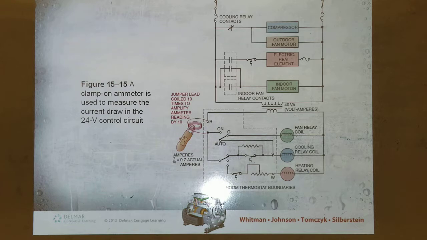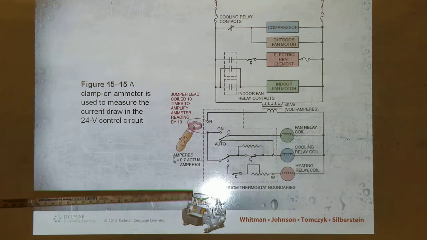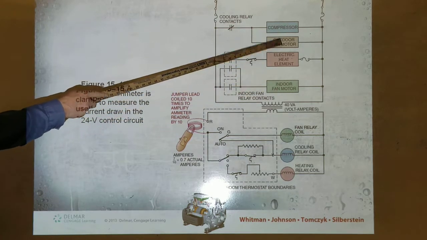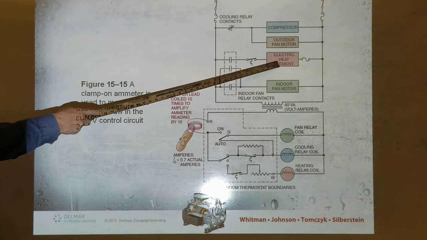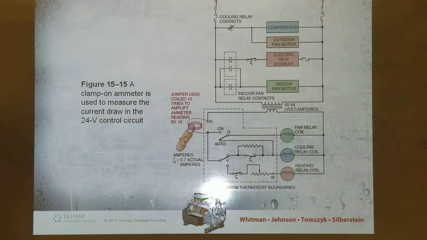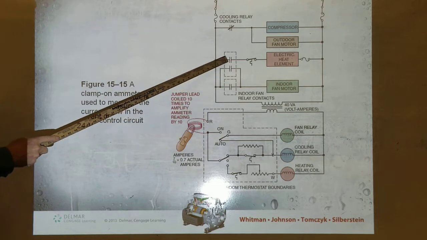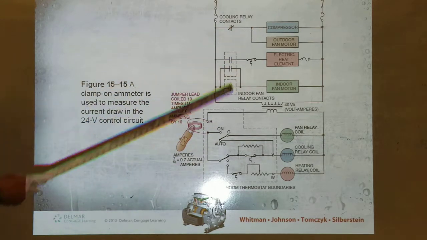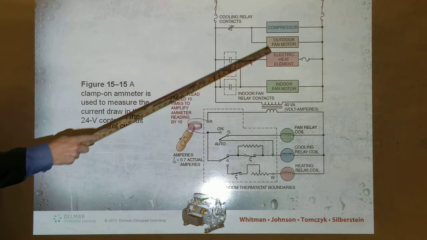Okay, so here's a cartoon of it. You have the high voltage section. You have compressor, outdoor fan motor, electric heater, indoor fan motor, and all of them are controlled by these contacts, right? Right now it's showing that the contacts are closed to the compressor and outdoor fan motor.